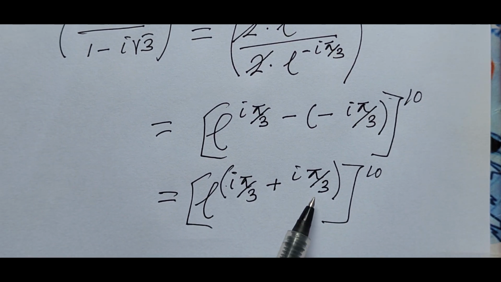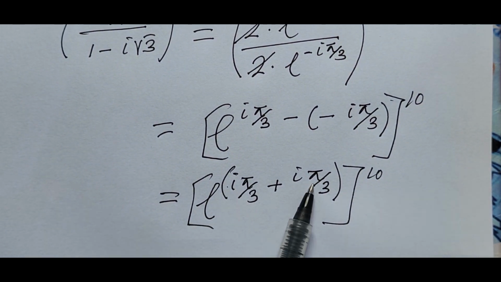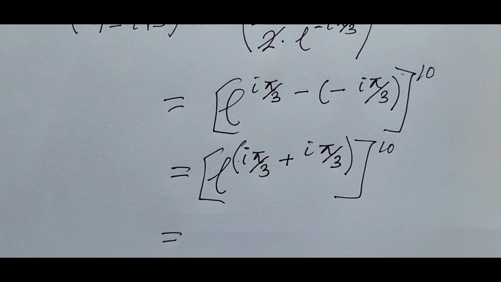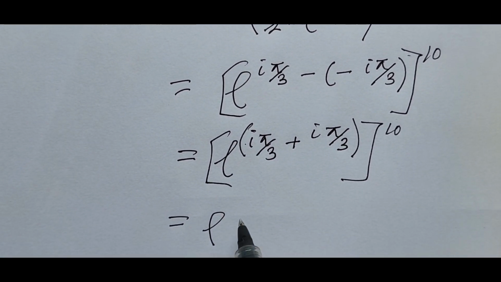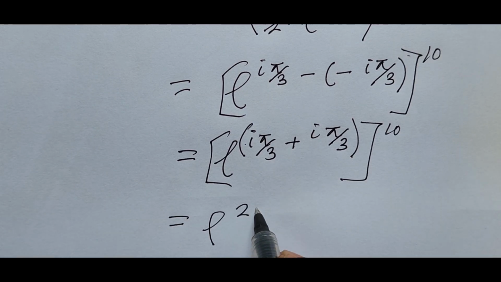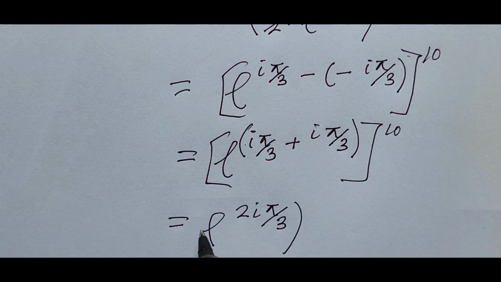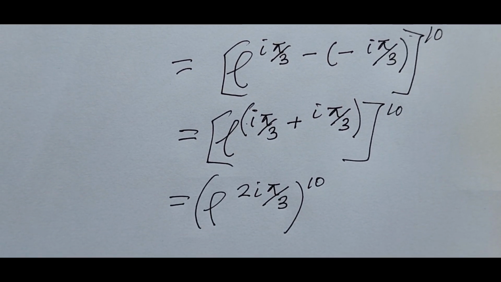If we add up these, because they are the same, we end up having e raised to the power of 2i pi all over 3, all raised to the power of 10. This is pretty easy.